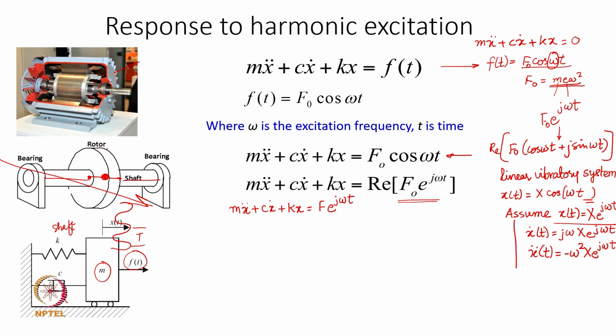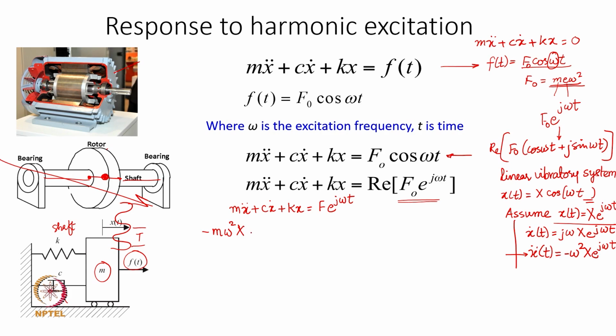I will now replace them in the governing equation of motion here. So, what will I get? Minus m, if I substitute x double dot from here, minus m omega square capital X. Now, I am going to get e to the power j omega t for all the 3 terms.